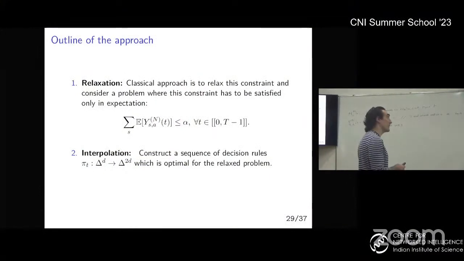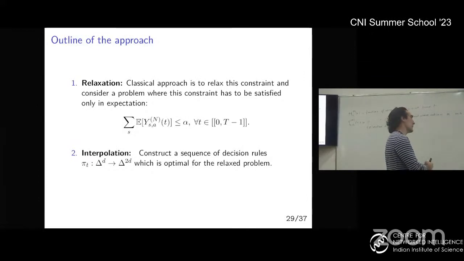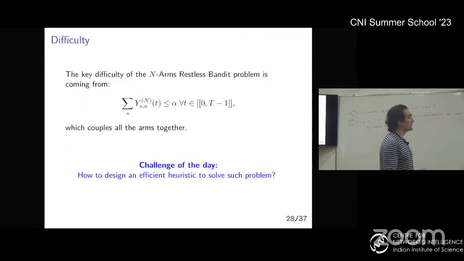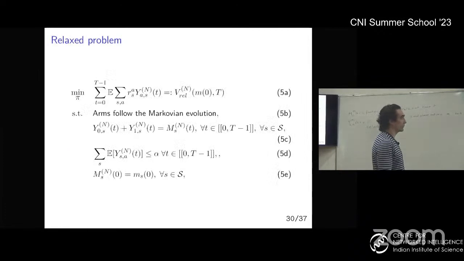This makes the problem much easier. Then find a way to interpolate: solve the problem in expectation and find a way to go back to the n-arm problem where this constraint is actually set. So this is the entire trick that we are trying to do.